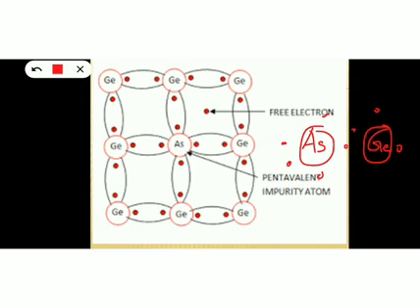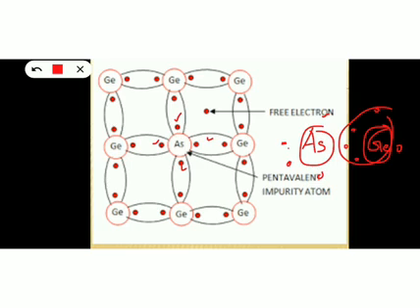So 4 out of the 5 valence electrons of the arsenic atom form covalent bonds with the neighboring germanium atoms. Here you can see the 4 valence electrons of the arsenic atom form covalent bonds with the neighboring germanium atoms.